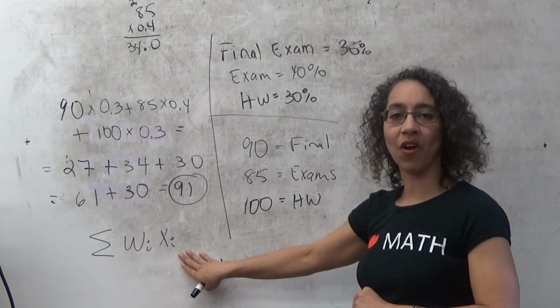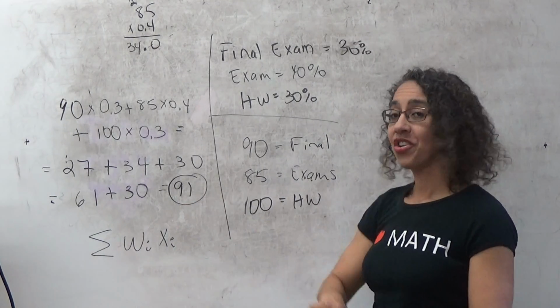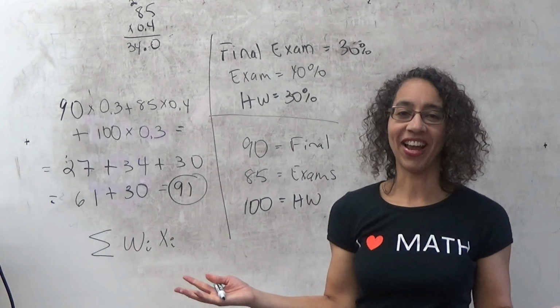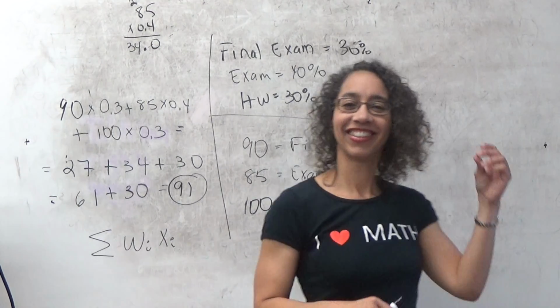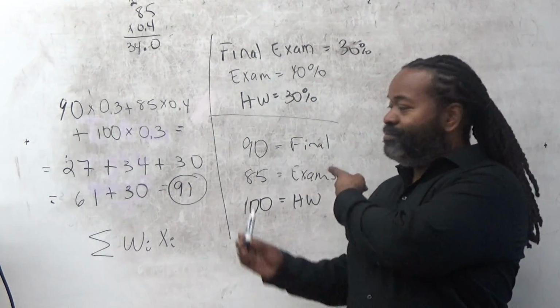And this is how we would write it in condensed shorthand form. So now you know how to calculate your weighted averages, and everybody loves math. Oh, well, there you have it.